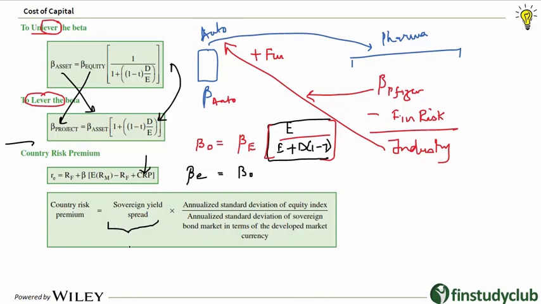So if a US investor sees treasury bills trading at, say, 3%, and he's investing into Brazil where the rate is about 11%, that means 8% extra return that he's going to get while he invests into Brazil. Obviously this is commensurate with the risk perception that the US investor would have for Brazil. But keep in mind that this is at a bond level, that too at a government bond level. You need to equitize that, because ultimately you have to calculate it from the point of view of equity.